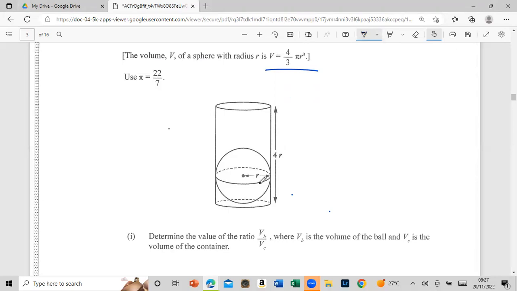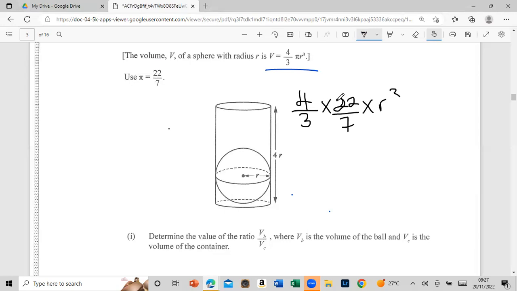They gave us the r, they didn't give us a value, so all we have to do is just use it. So it would be 4 over 3. They say take pi to be 22 over 7, and r cubed, so that remains as it is.